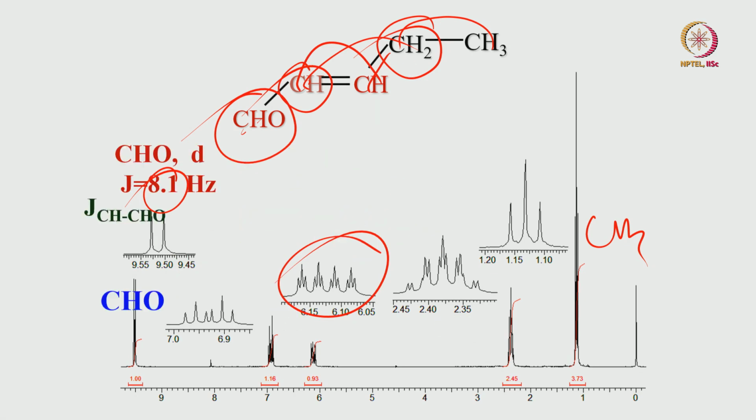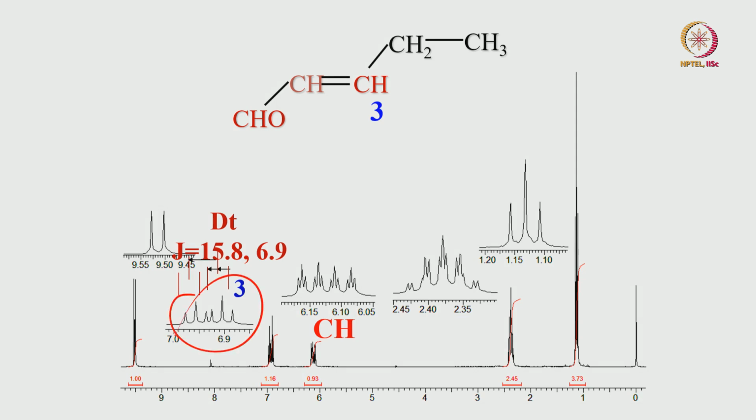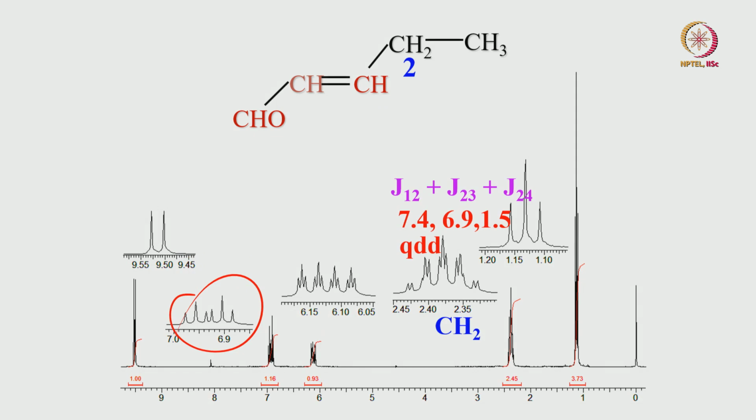So, I will go back again, and you can see carefully. I have removed all the marking. This is CH3, a triplet. This is CHO, a doublet because of CH coupling, and this is proton 3. This proton 3 has a coupling, the doublet is expanded here. It is a doublet of triplets, and this is proton 2.